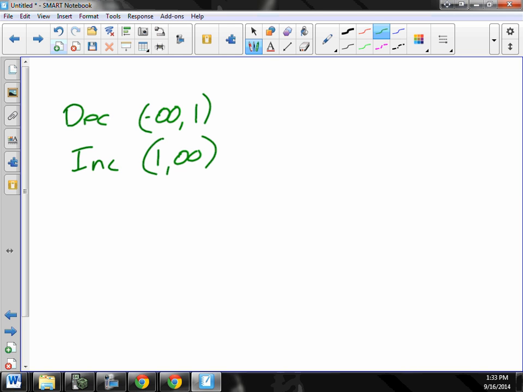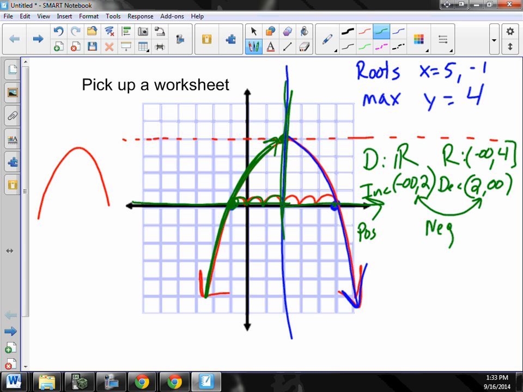And what is the significance of that number? What part of the parabola does that tell you? So the x equals 2 on this graph. What happens at x equals 2?